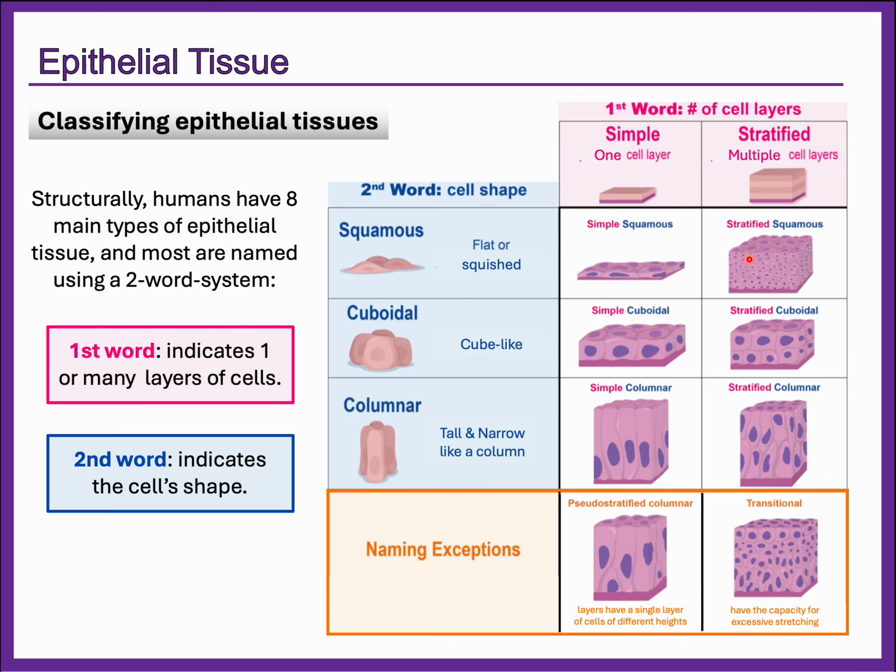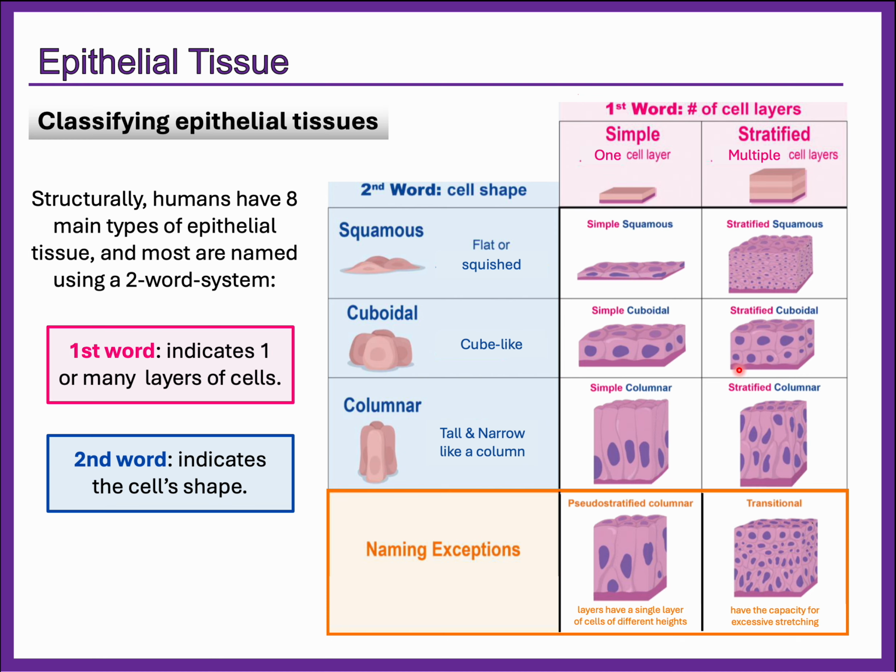This one is stratified because it's many layers, and it's squamous because they're small squishy cells, okay? This is stratified, but they're cube-like cells. And these are stratified, but they're more column-like cells.